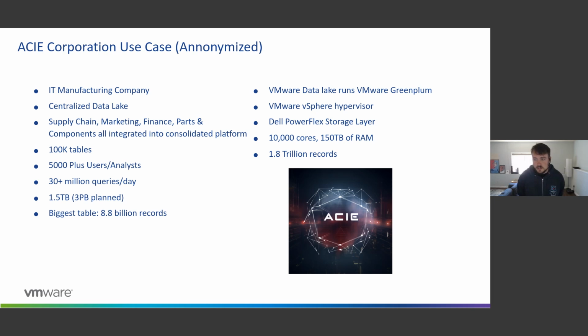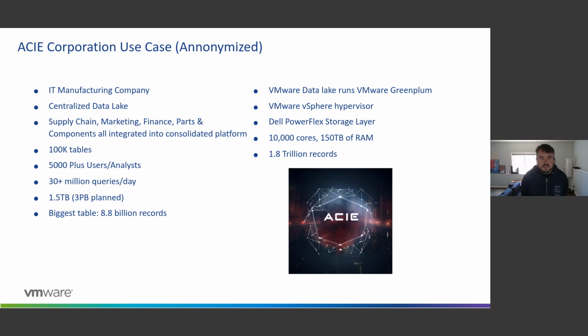So to give a particular example, here's an anonymized use case, and this is a real platform that does exist, and this particular corporation, we'll call them ACIE. This ACIE corporation, they're very much realizing the benefits of running on a platform like this for all of their AI needs, on top of Greenplum. And so say this corporation is a manufacturing company.